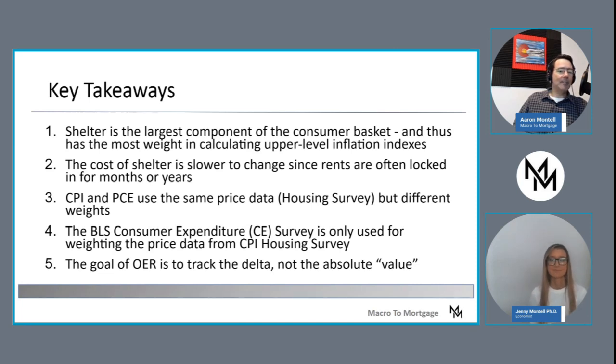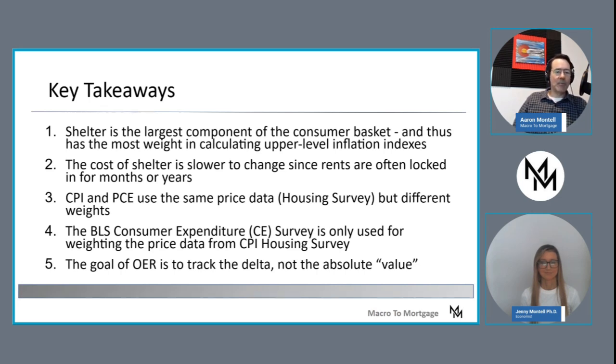And CPI and PCE use the same price data, the housing survey, but they apply different weights. And the BLS Consumer Expenditure Survey is only used for weighting the price data from the CPI housing survey. And again, the CE survey is the one that includes that OER question, only used for weighting.